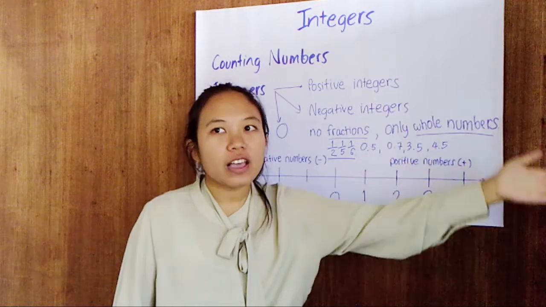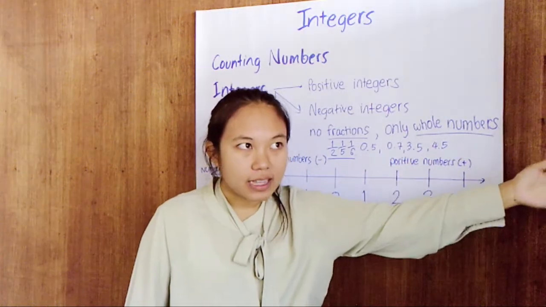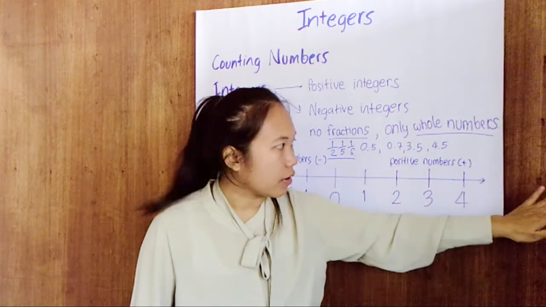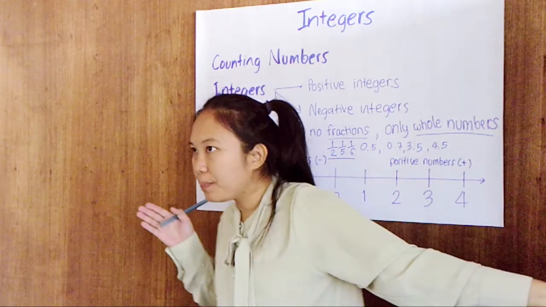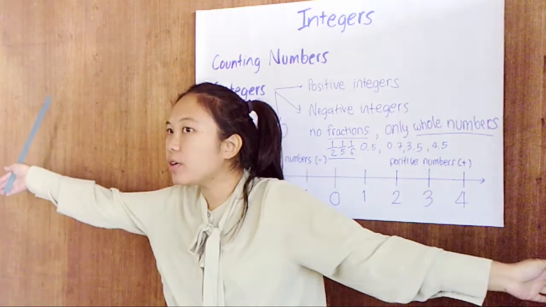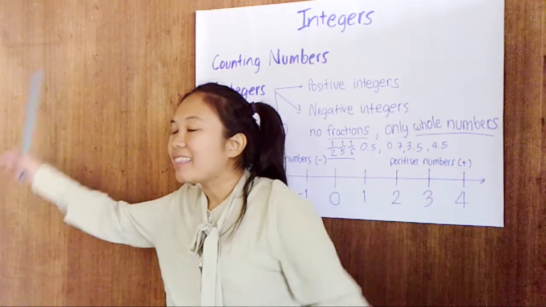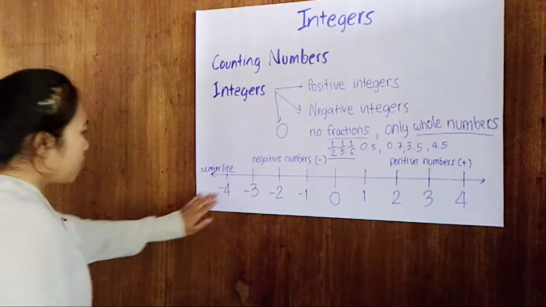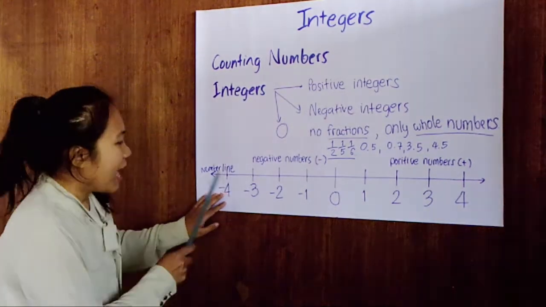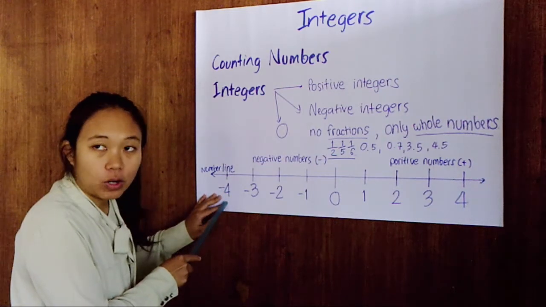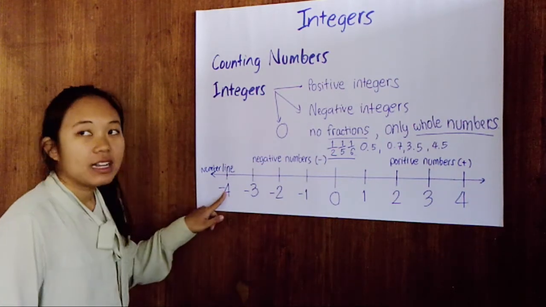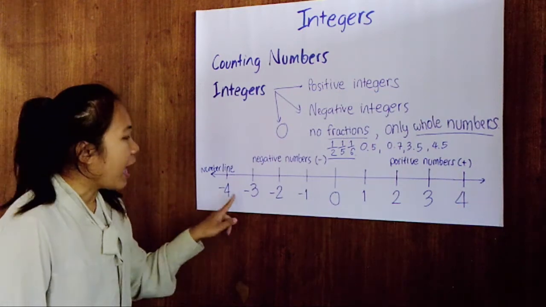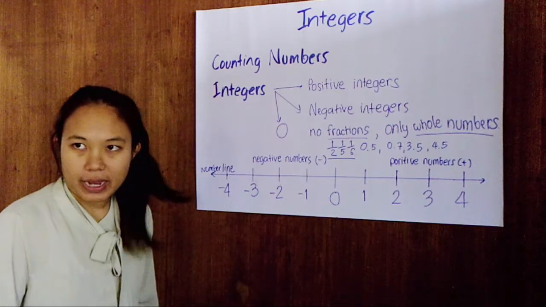At the same time, the further you go to the left, the less the value of the number. This minus 4 has a lesser value than the number minus 3.